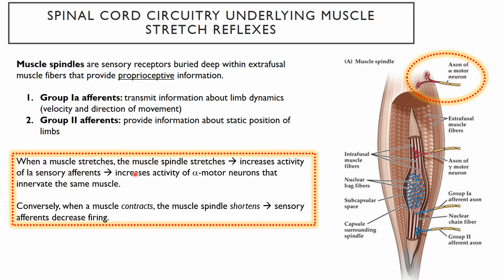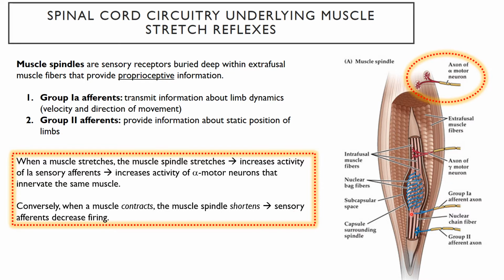When a muscle stretches, the spindle stretches, as we learned. This increases the activity of a 1A sensory unit, right? These are these big fat axons that are highly myelinated. And that's when it stretches. And when it contracts, the spindle shortens, and then these afferents decrease their firing.